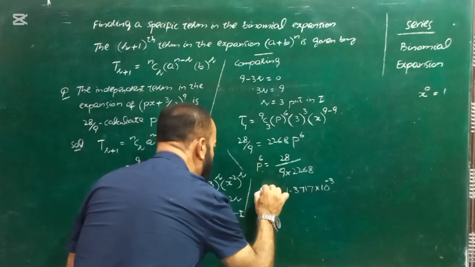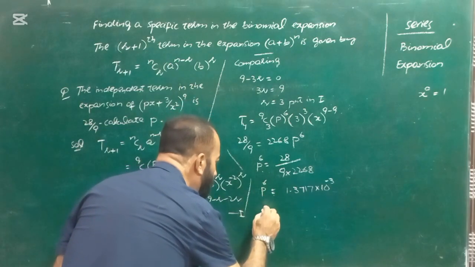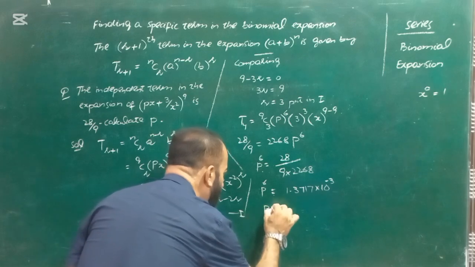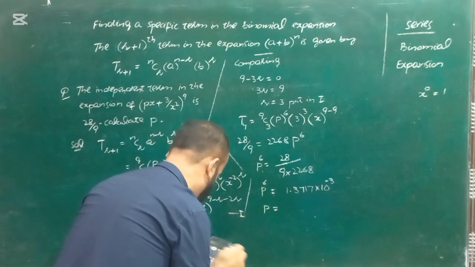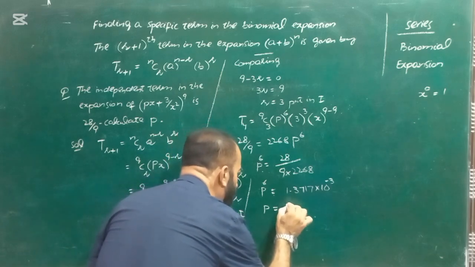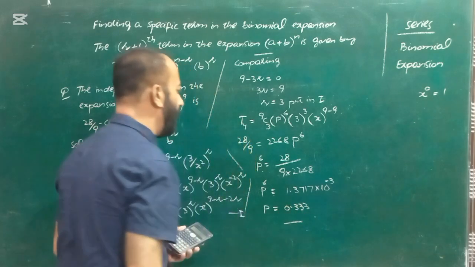So this is p raised to power 6. Taking the sixth root of both sides, so p will be equal to 0.333. So this is the answer.